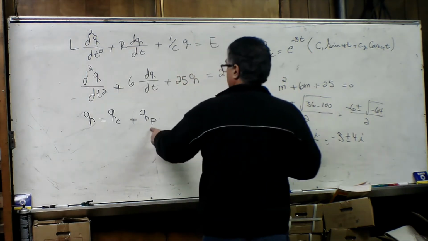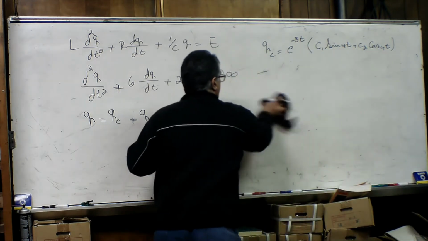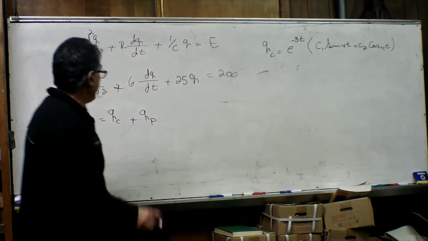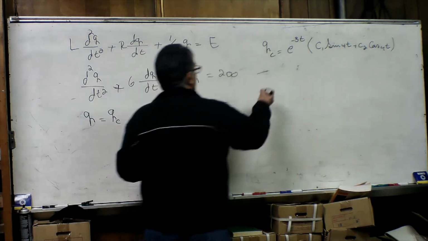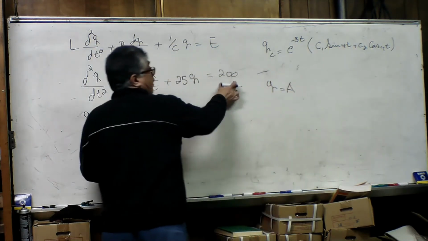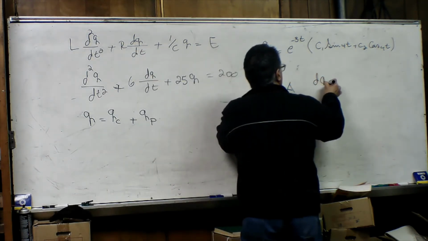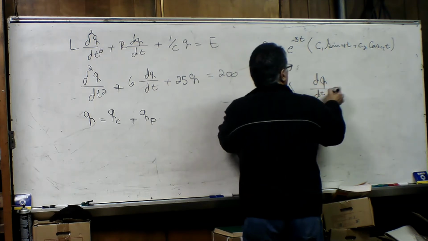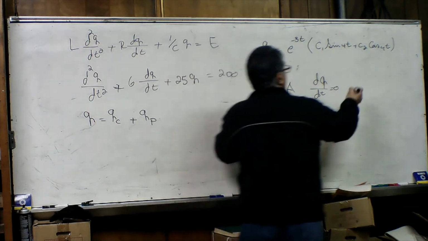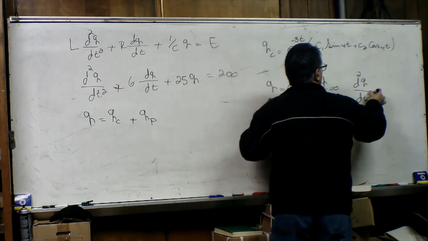So to find the particular solution for the non-homogeneous portion, we can assume a solution Q as A because we have a constant. So if we do that, then our dq over dt will be equal to 0. The derivative of a constant is 0. And our second derivative of q with respect to time will also be 0.